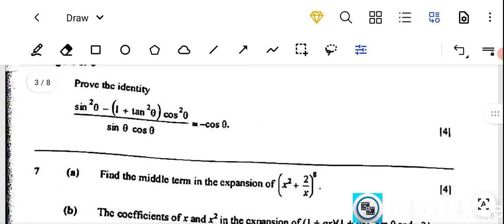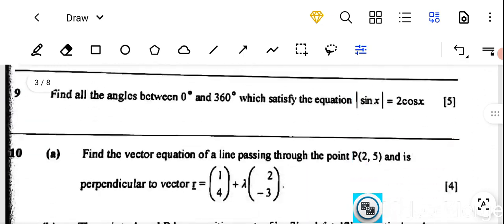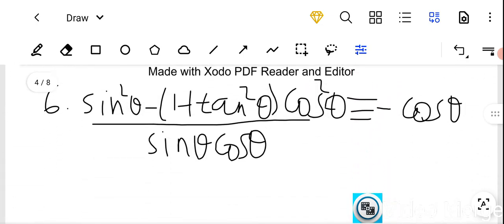We have confirmed that's how the question was written.